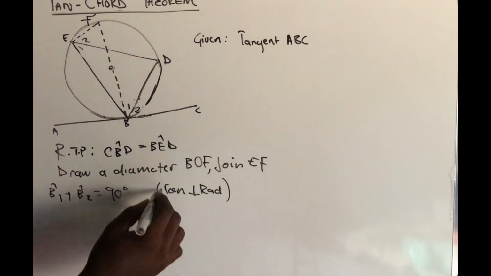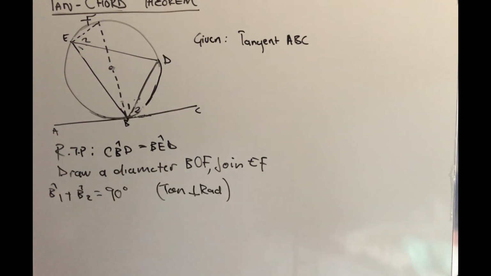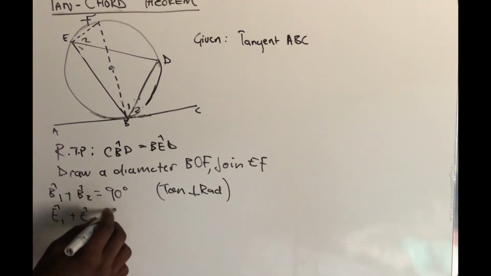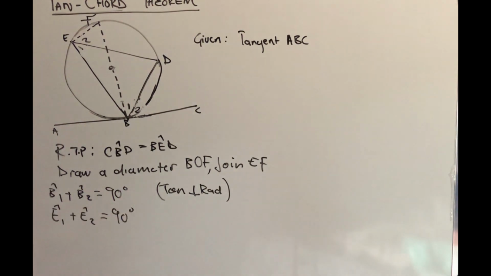Your reason is tangent perpendicular to radius. And then now we can see that E1 plus E2 also equals 90 degrees. What's the reason?